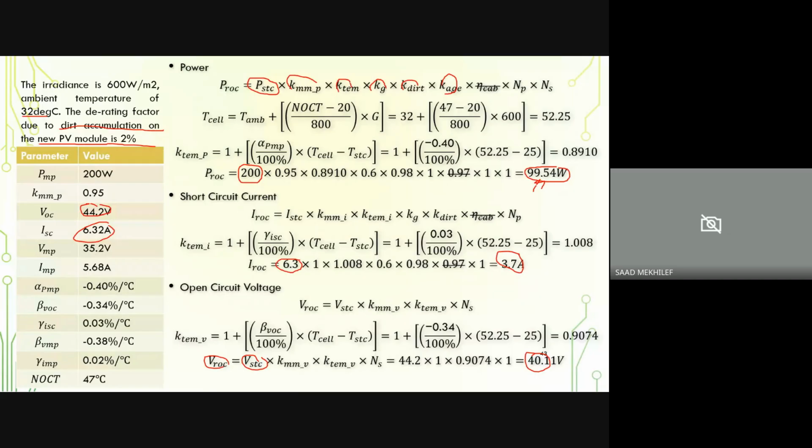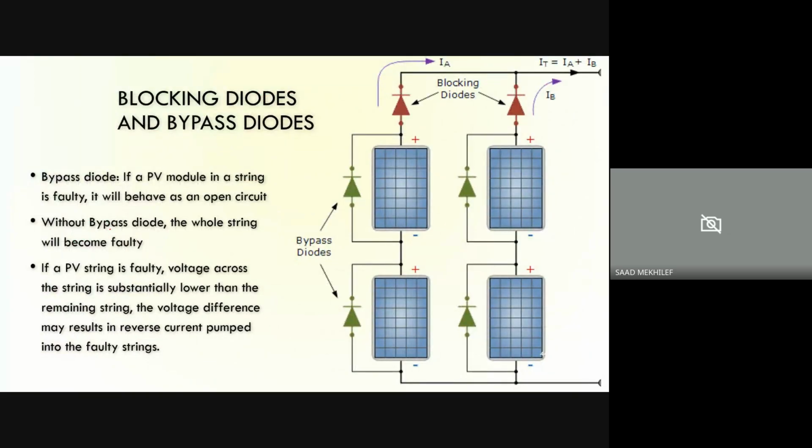But this is what actually has to be calculated in order for you to get an accurate PV system design sizing. Any questions so far? Please feel free to ask any questions.